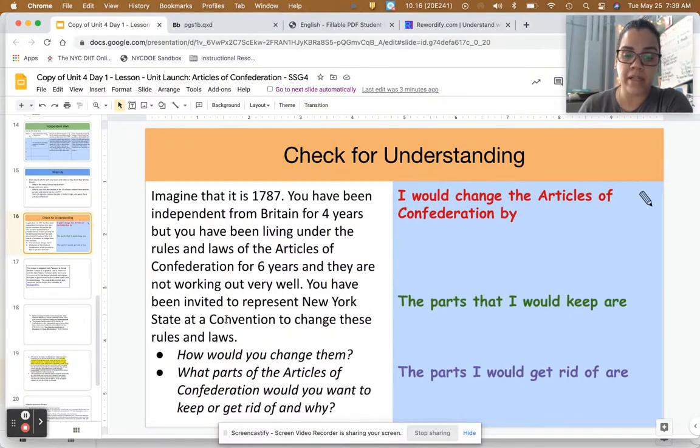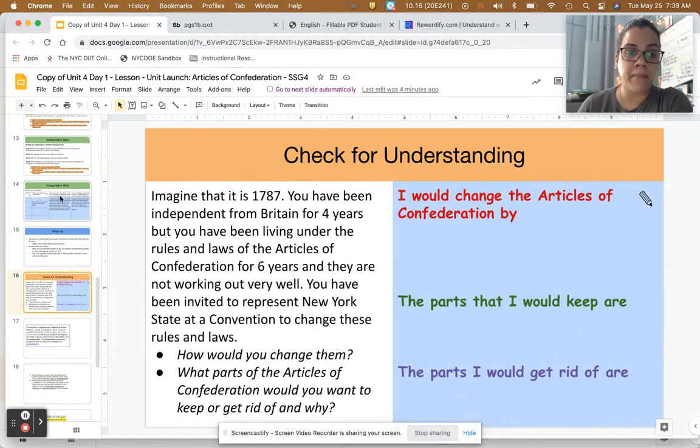You have been invited to represent New York State at a convention to change these rules and laws, right? How would you change them? What parts of the Articles of Confederation would you want to keep or get rid of, and why? Right, so use these sentence starters here to help you think about your response.